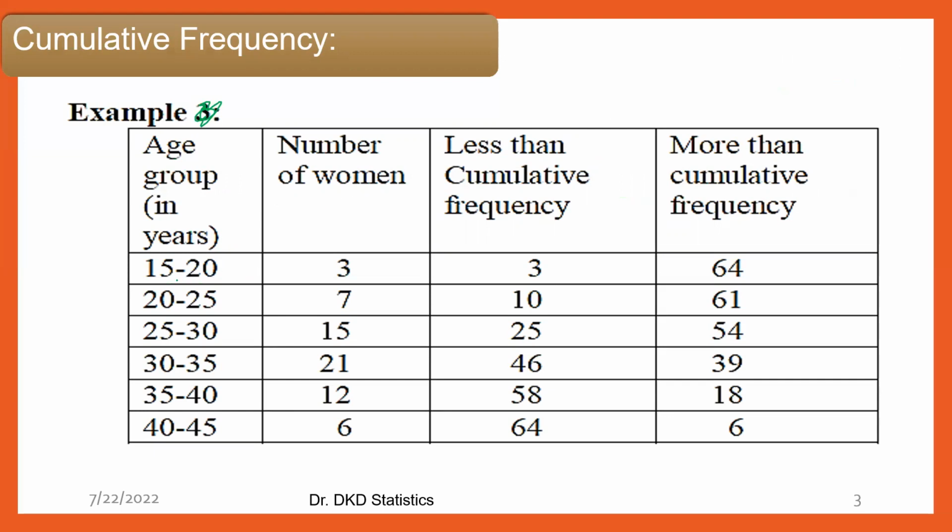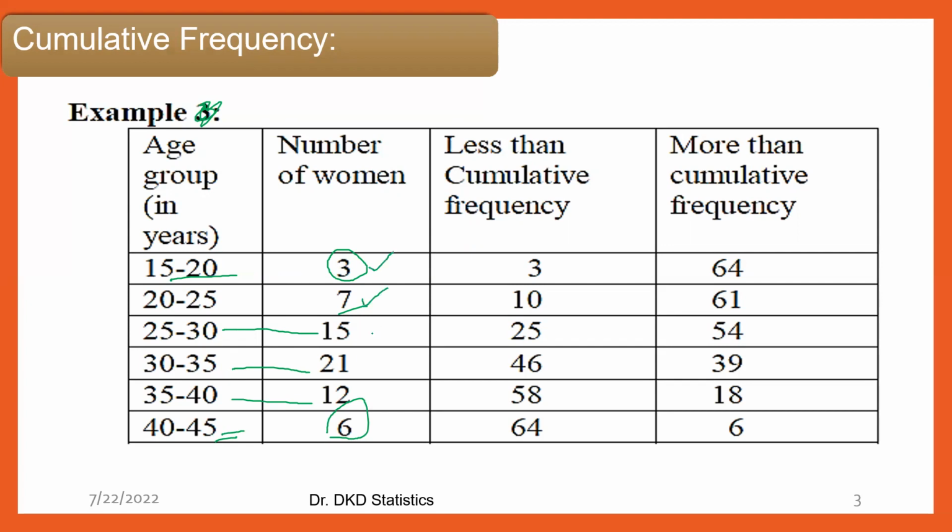For different age groups, like 15 to 20 there are 3 women in that age group, 20 to 25 there are 7 women, 25 to 30 there are 15 women, 30 to 35 there are 21 women, 35 to 40 there are 12 women, and 40 to 45 there are 16 women. So for each class interval we have a frequency value.